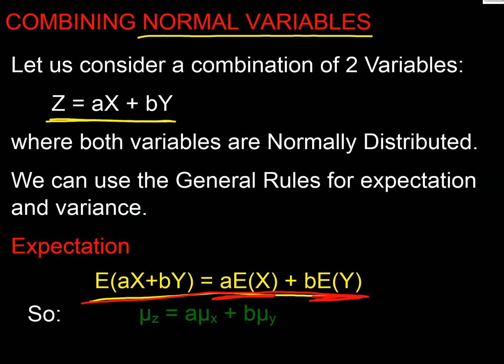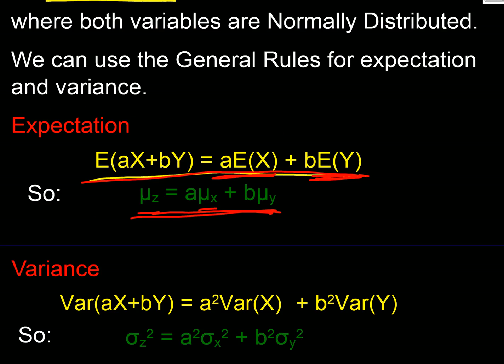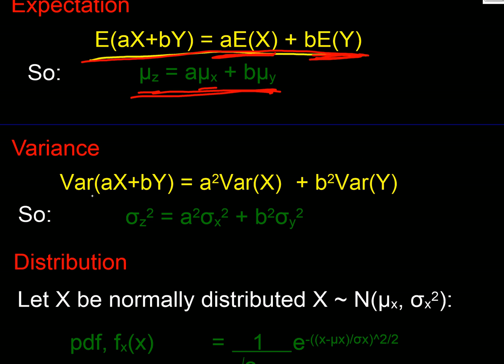So if we were working with two normally distributed variables, they will have means mu x and mu y. Then the population mean of a combined variable will just be a times mu x plus b times mu y. And similarly, the variance of ax plus by will equal a squared times the variance of x plus b squared times the variance of y.